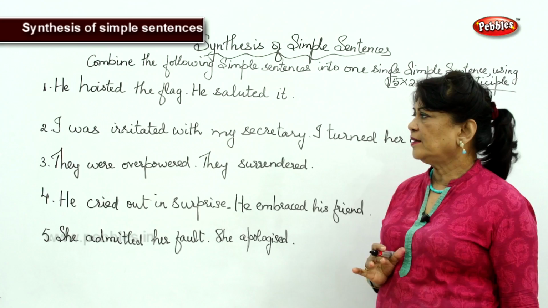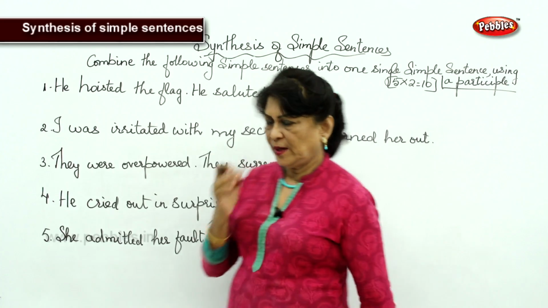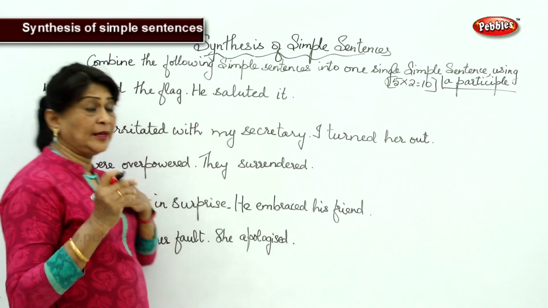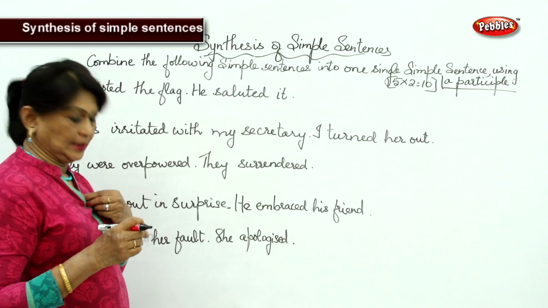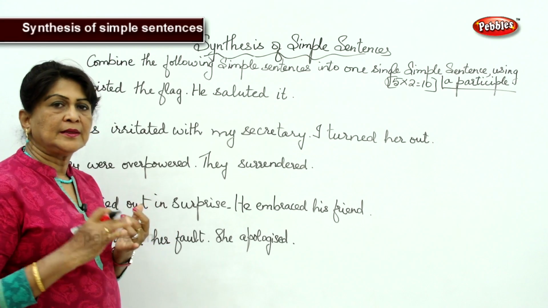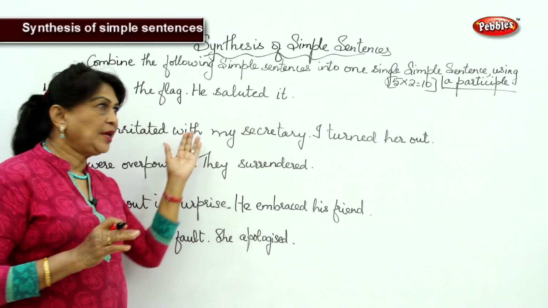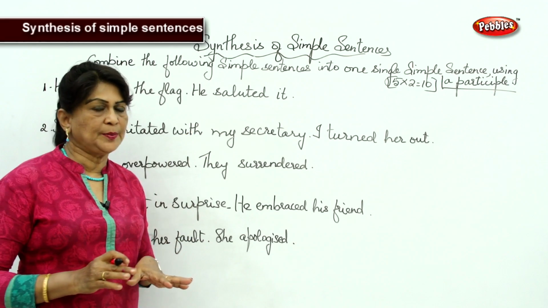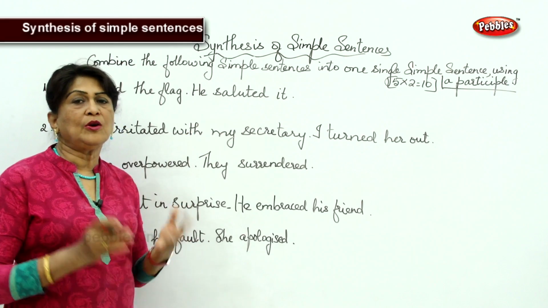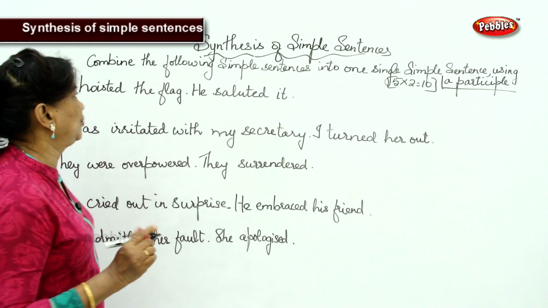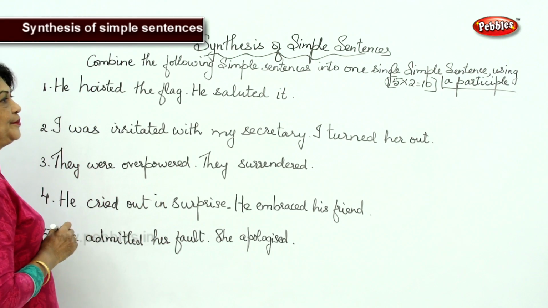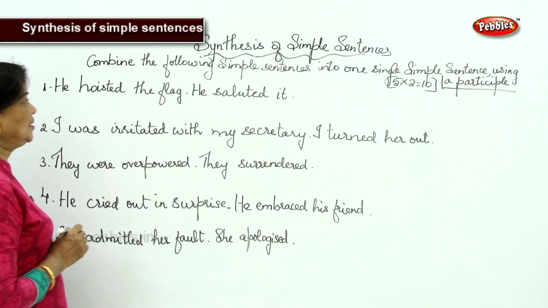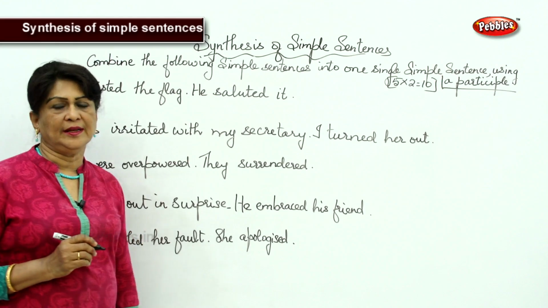Very easy, isn't it? I have taught you when you should use the participle and which participle, isn't it? That is making the finite verb into a participle or using being or having. When you should do it, I have told you. Come on, you try it now. He hoisted the flag, he saluted it.